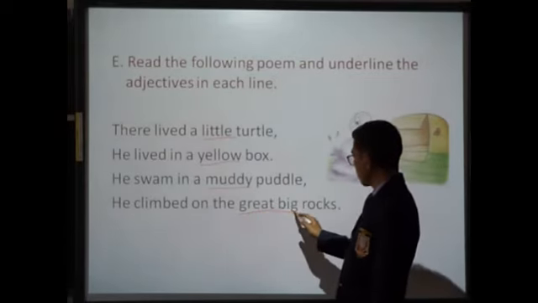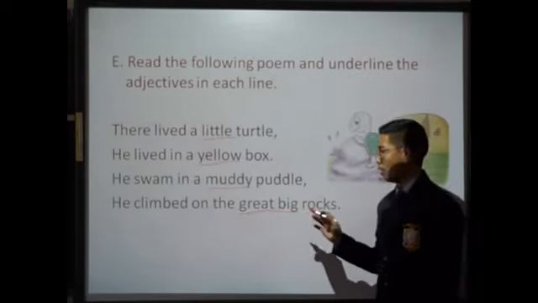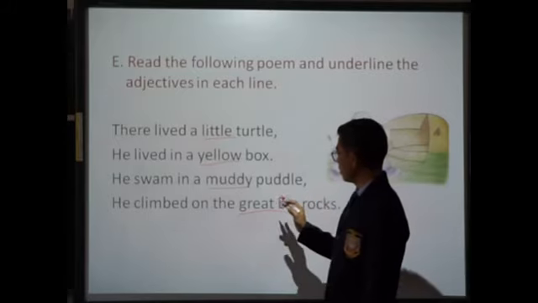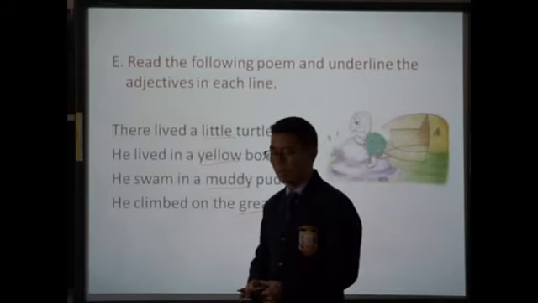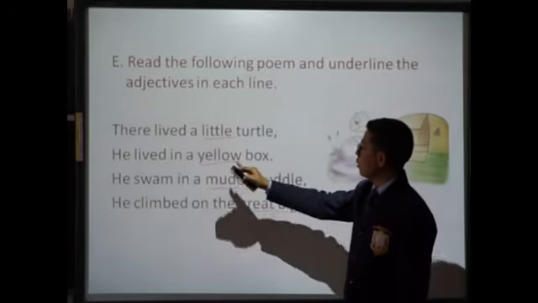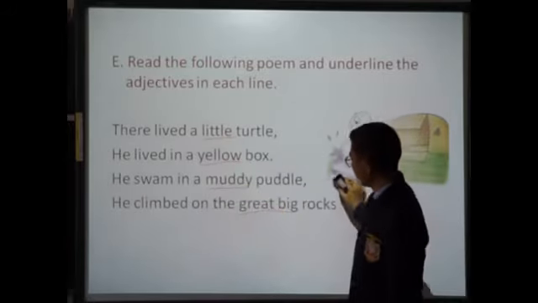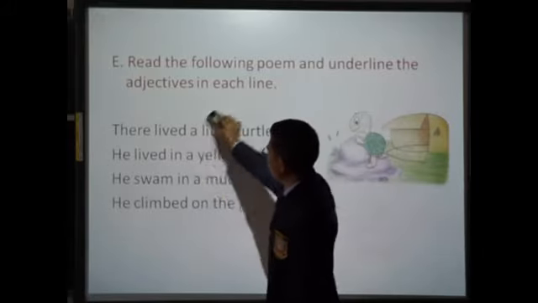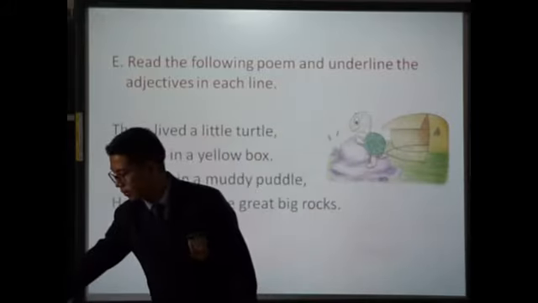Great big together describe the size of the rock. So first: little, yellow, muddy, great, big. These are your adjectives.